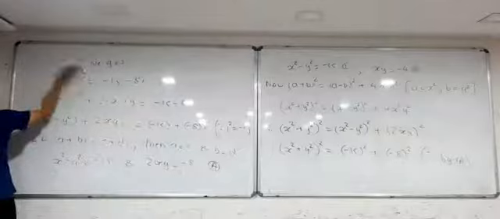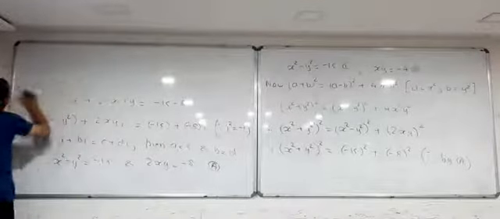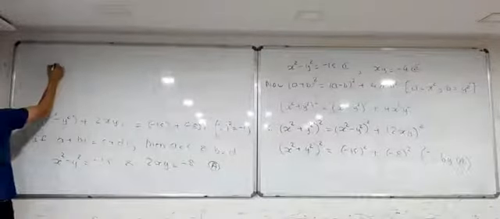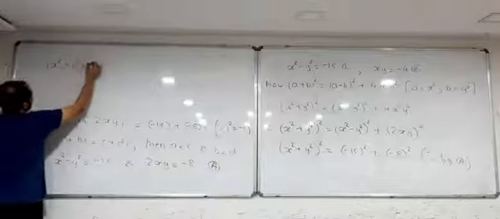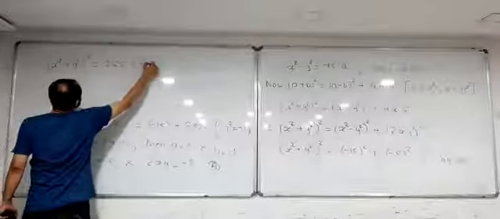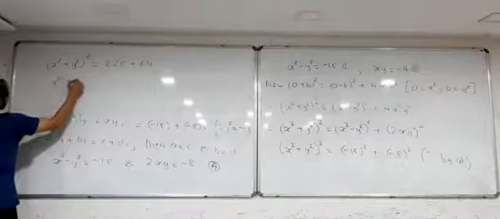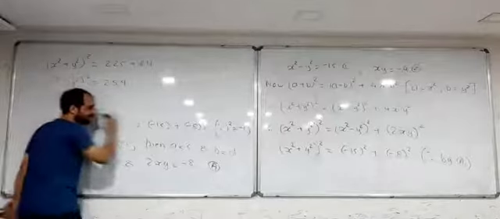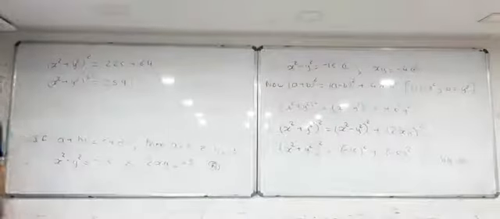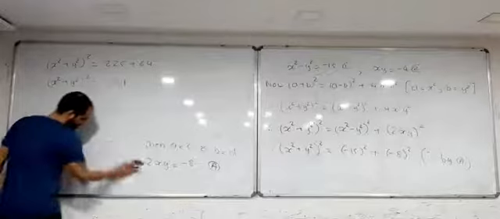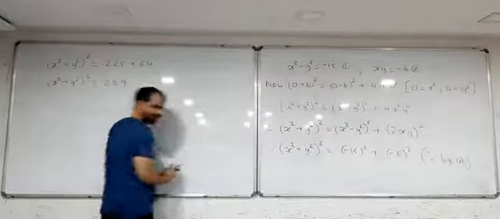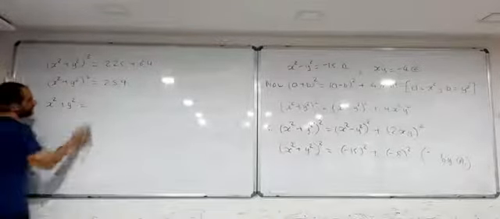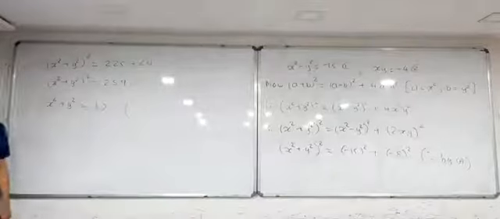Adding: 15 square is 225, 8 square is 64, so 289, which is 17 square. So (x square plus y square) the whole square is 289. Now x is a real number and y is a real number, so x square plus y square has to be greater than or equal to 0. Therefore x square plus y square will be the positive 17 only.